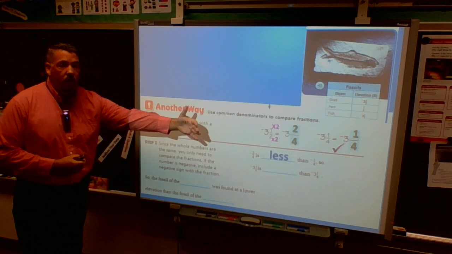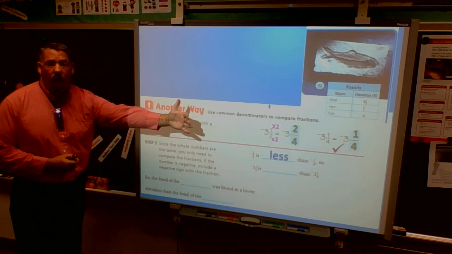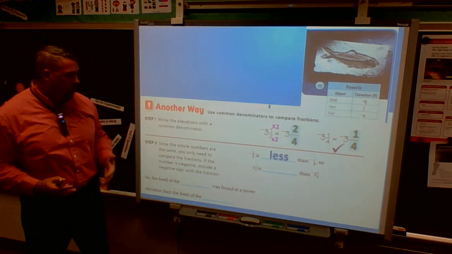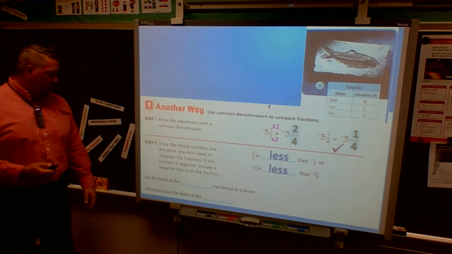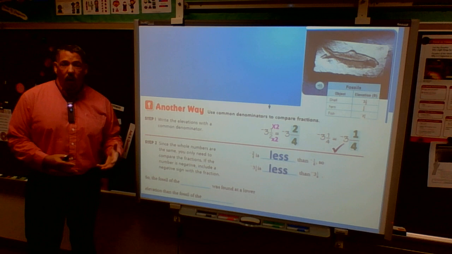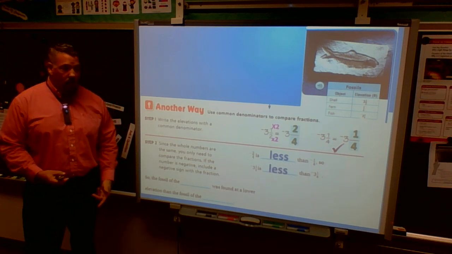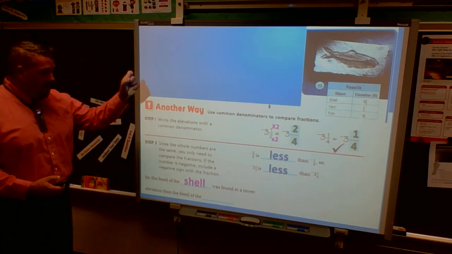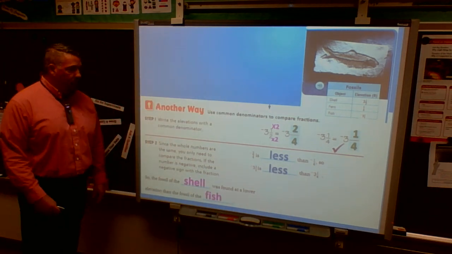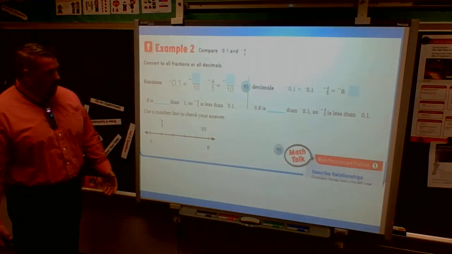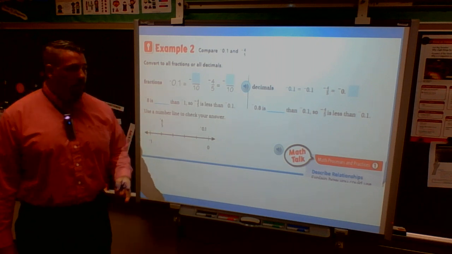To where if I go 2 steps, I'm further away, the smaller the value. Therefore, negative 3 1/2 is less than negative 3 1/4. Either way, it shows me the same thing, that 3 1/2 was deeper, so the shell was found deeper than what the fish was. All right, so we got 2 ways we can look at it, right?